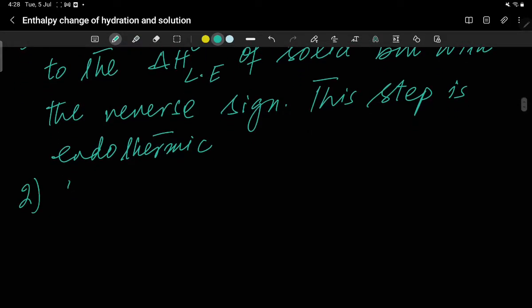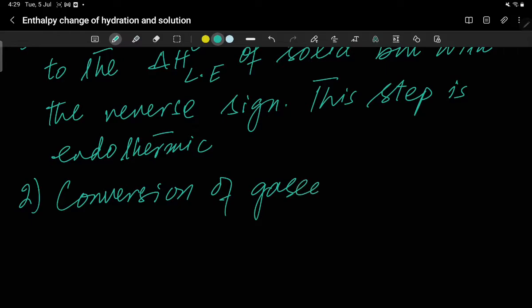Number two, conversion of gaseous ions into aqueous ions.